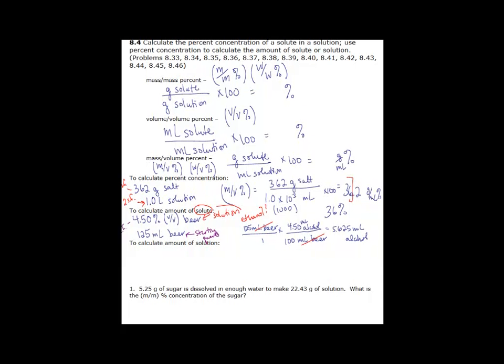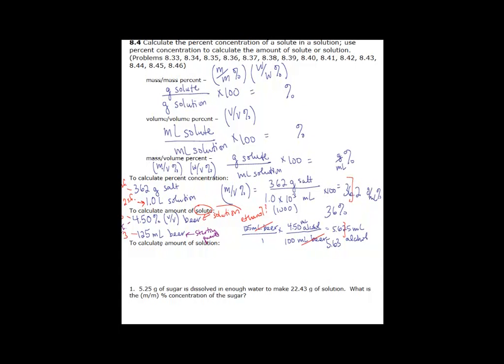I have 3 sig figs here, 3 sig figs here, so my answer should have no more than 3 sig figs, so 5.63 milliliters of alcohol. Alright, so that's one where you're asked to calculate the solute.